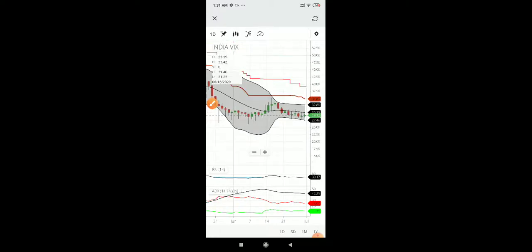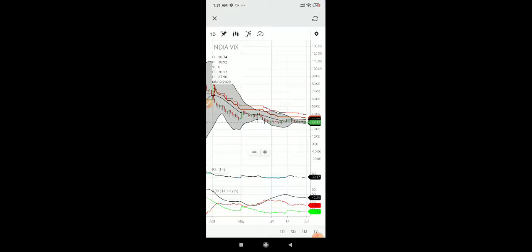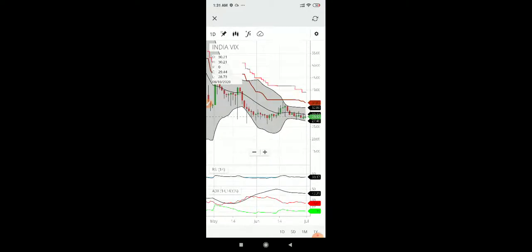See the trend, almost it's decreasing mode. So we have two scenarios, that is VIX is in decreasing mode, NIFTY is in increasing mode.